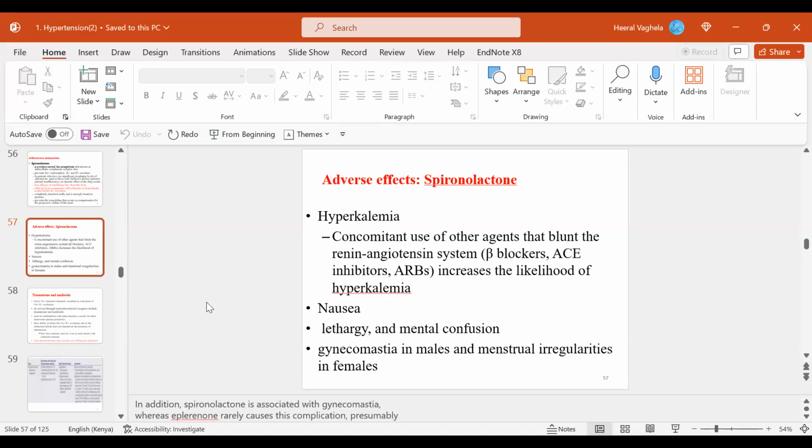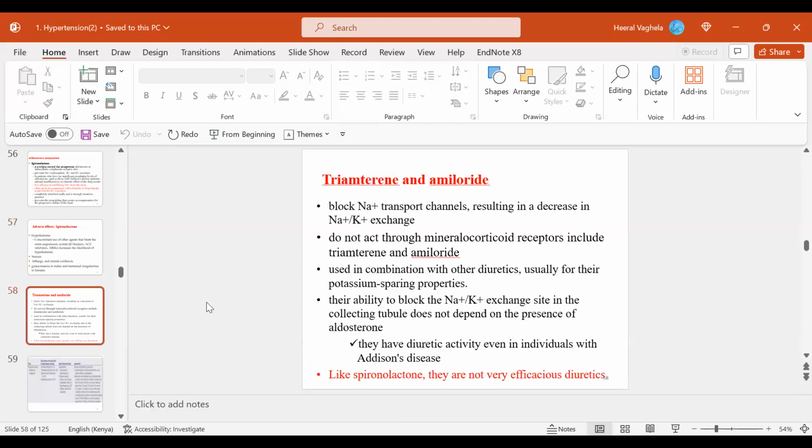You have the loop diuretics, mostly Lasix, and it causes ototoxicity, hyperuricemia, hypokalemia, and hyponatremia. For the potassium-sparing diuretics, you have spironolactone, but it is not used in Addison's disease. If the patient has Addison's disease, you give triamterene and amiloride.